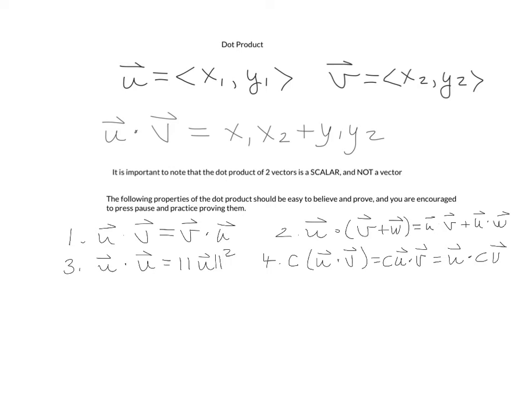As I've said, these four rules, and there are a few more that are included in your notes, follow immediately from the definition of the dot product. And they're all fairly simple to prove, and as I've said, try proving them.